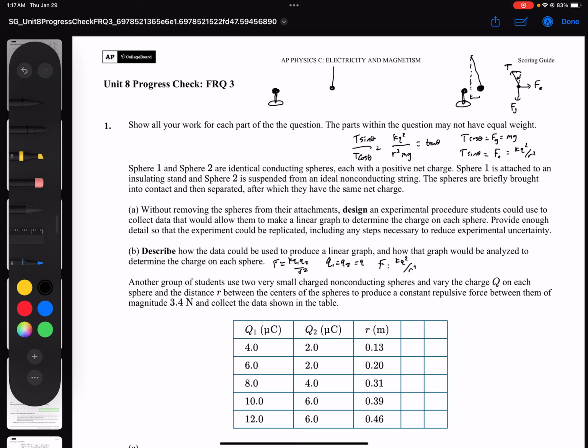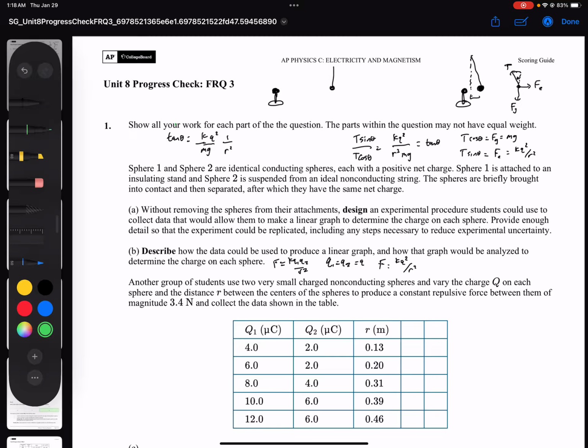So then in terms of what we could graph, well, if I have tan theta equal to K Q squared over mg times 1 over r squared, because r squared is our independent, tan theta is our dependent.